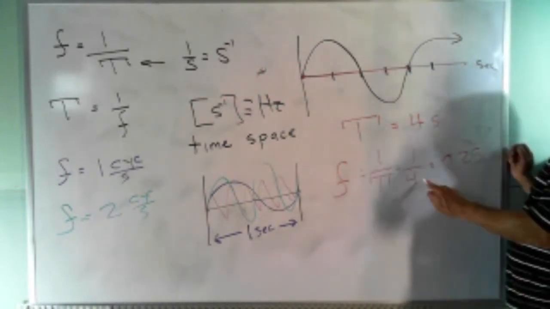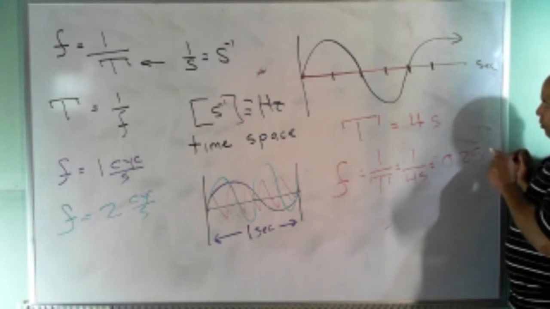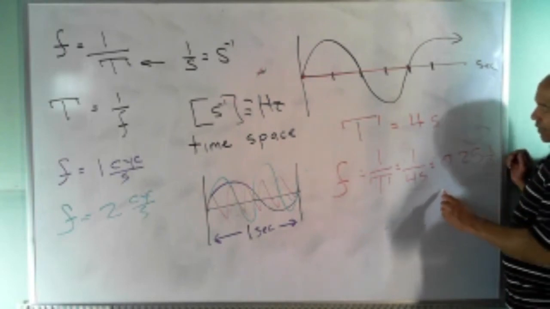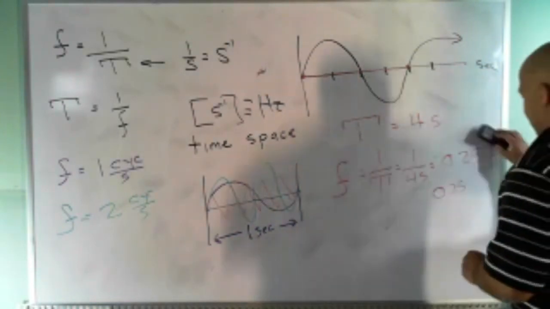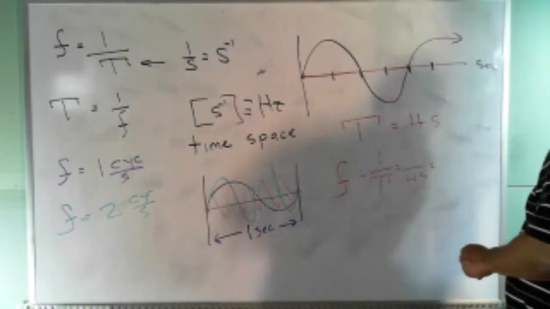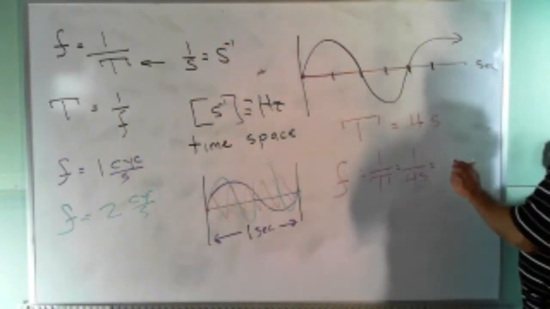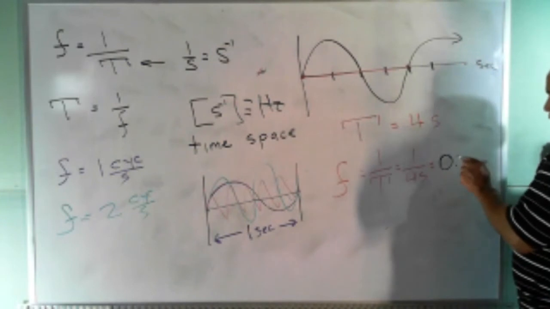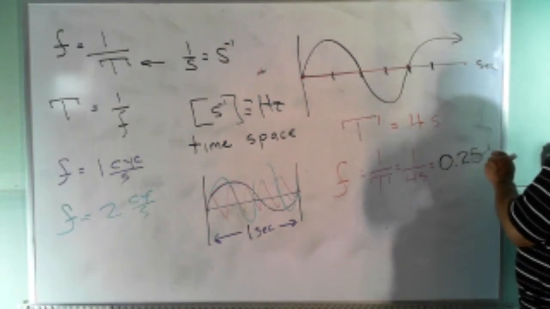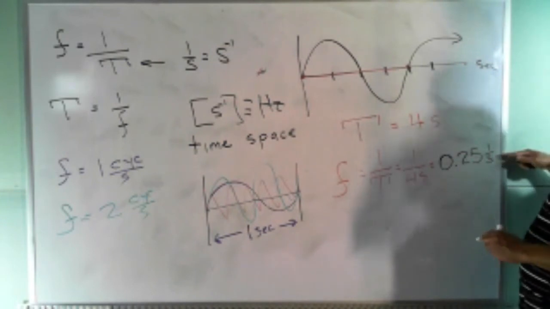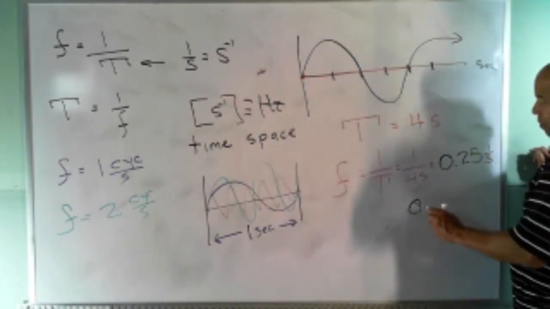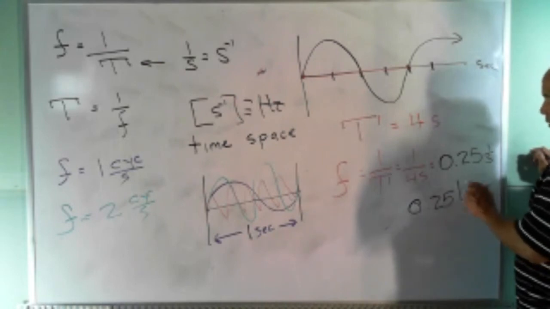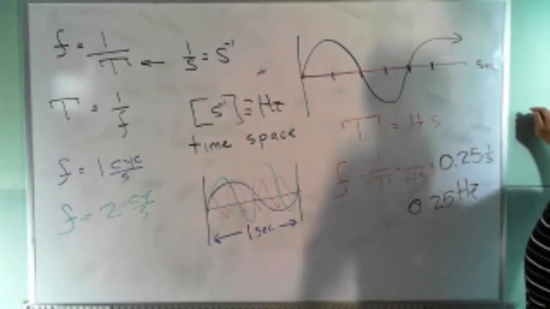Now remember, this is in seconds. So it's 0.25, 1 over seconds. But 1 over seconds, the inverse second, is a hertz. So you write that as 0.25 hertz. So that's a really, really slow frequency.